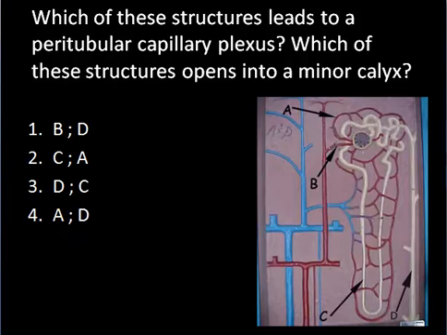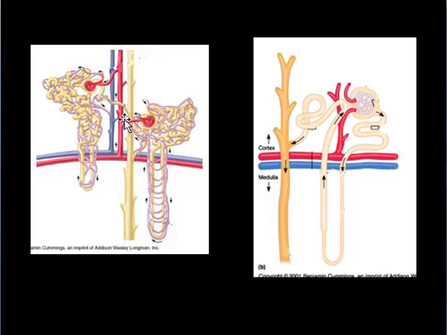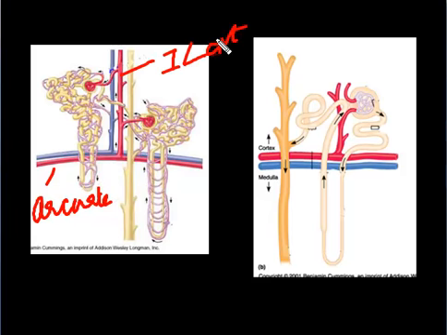And just to show you, the same picture is what is seen here. If you look at this diagram here, you can see again it is very similar to what you saw earlier. So these are the arcuate vessels. This is the interlobular artery, and here coming from the artery, this branch here is the afferent arteriole, leads into a glomerulus, and then you can see this one which has no connection with the interlobular artery.